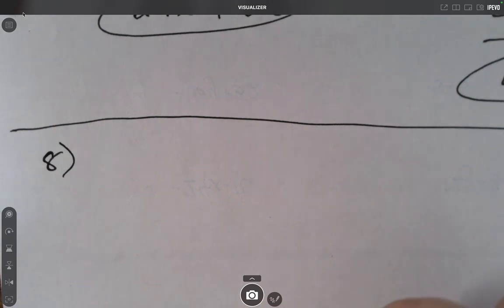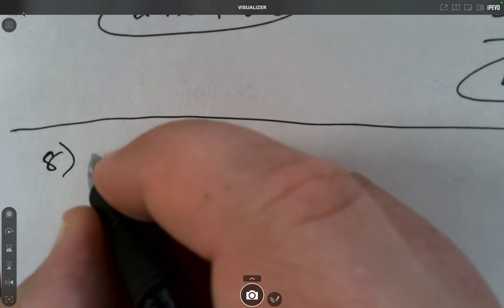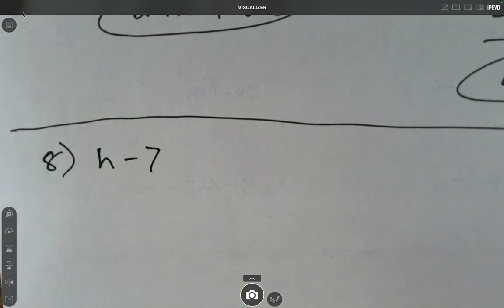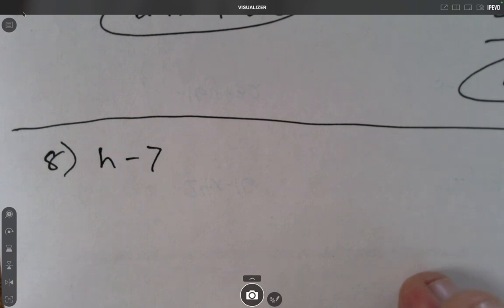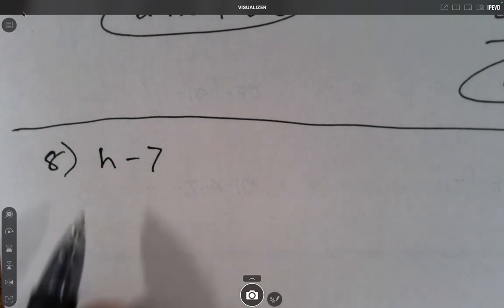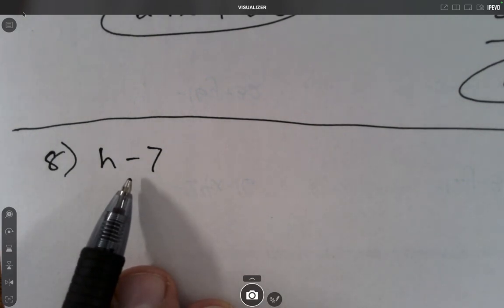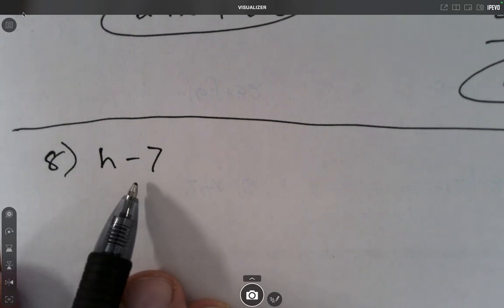It says write a verbal expression for each algebraic expression. So we have h minus 7. Okay, so you always want to talk about the main operation in an expression. The main thing happening here is subtraction. And the word we use for subtraction is difference.